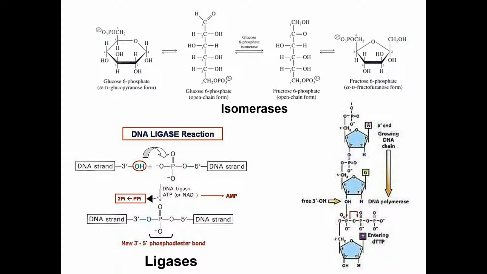Then you convert it into its linear open chain form, one big linear molecule, and you have glucose 6-phosphate. You have the enzyme glucose 6-phosphate isomerase. An isomer of glucose 6-phosphate would be fructose 6-phosphate.